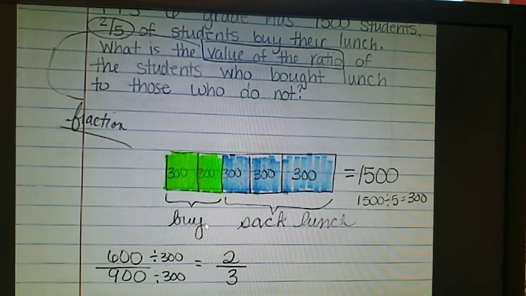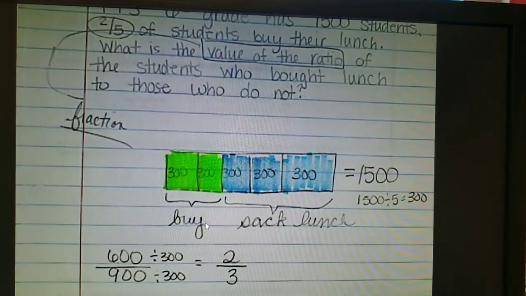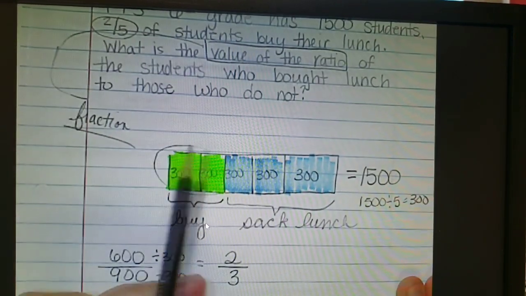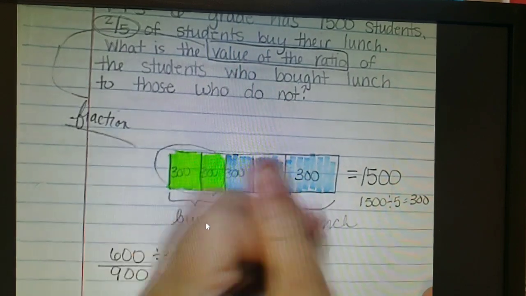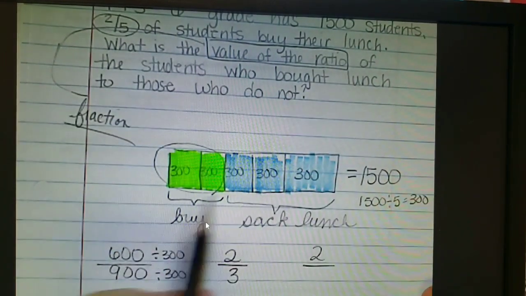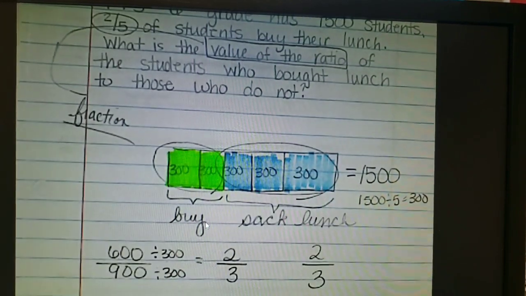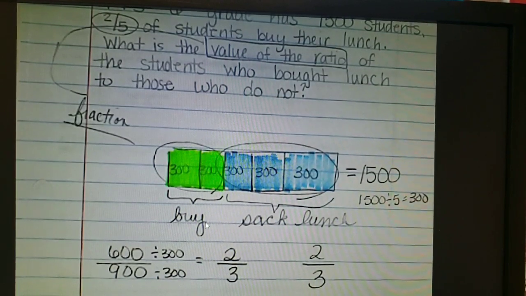Okay, that's if you want to look at it numerically. But guess what the easiest thing to look at is? How many greens do I have? I have 2. How many blues do I have? I have 3. So 2/3 is our value of our ratio.